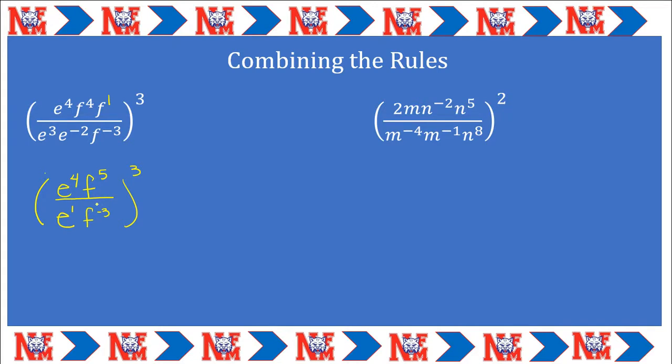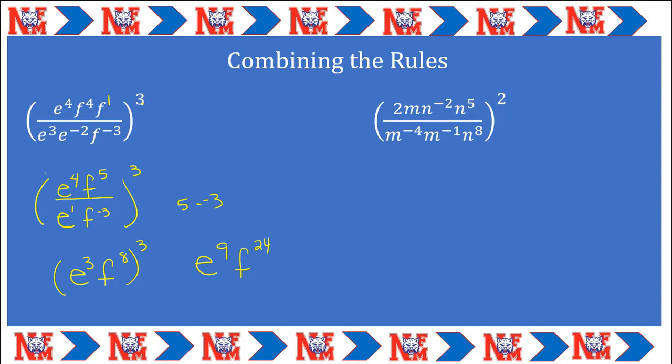So I'm going to apply the quotient rule. So I have e, 4 minus 1 is 3, and then f, 5 minus negative 3 is 8, all raised to the third power. Now I'm going to go ahead and distribute the 3 to each of these, and I have e to the 9th and f to the 24.